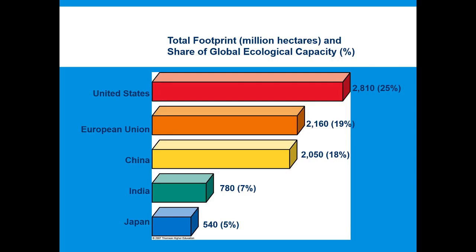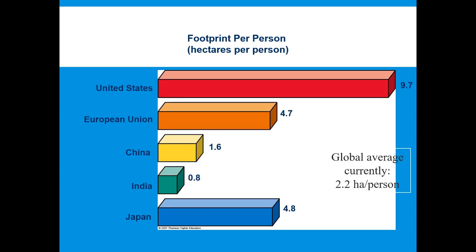Now, total footprint in million hectares and the share of the global ecological capacity is shown here, the United States being the greatest, Japan being the smallest on this list, with the European Union, China, then India. What's interesting, though, is if we look at the per capita data, the United States is still at the top, but Japan is actually the second highest.